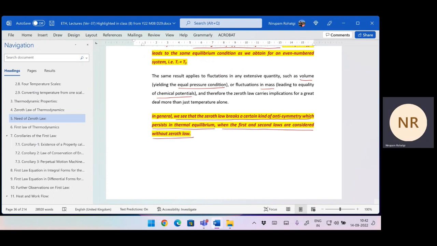If this whole air is at the same temperature, does that mean that there is no movement of air? There is no movement of molecules? It happens. Even when the whole air is at the same temperature, the molecules are moving very rapidly. And they have different velocities. They hit each other, exchange velocity and everything.